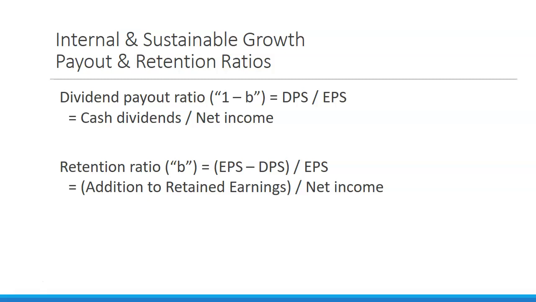One of the reasons that companies retain net income is to grow and pay for things that they're doing. So the internal growth rate is how much we grow based on the amount of retained earnings.